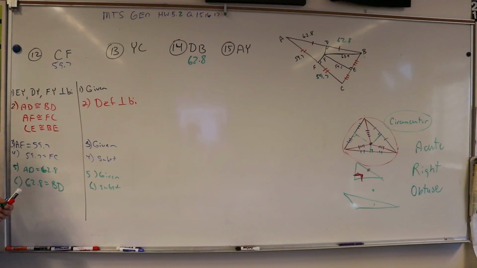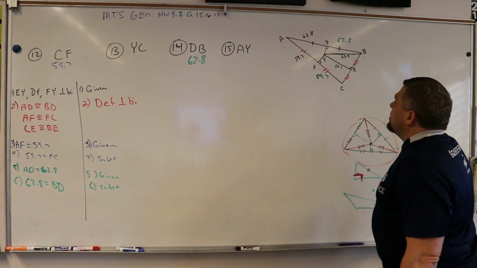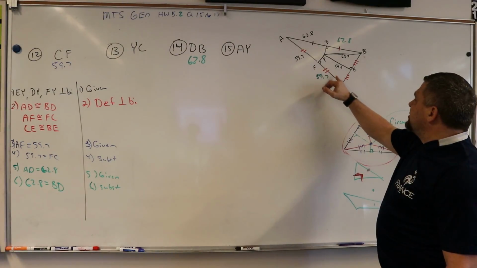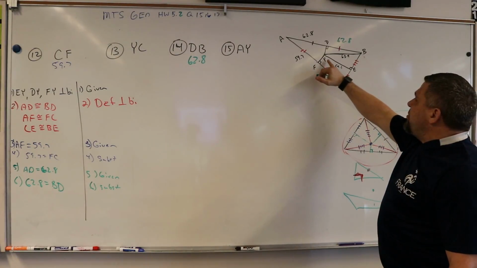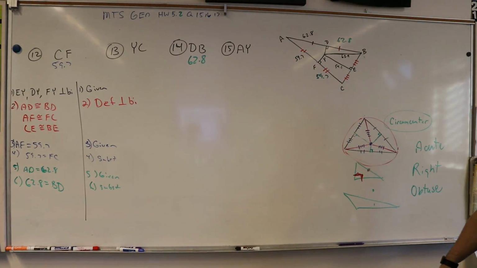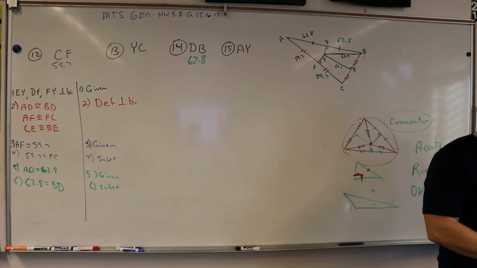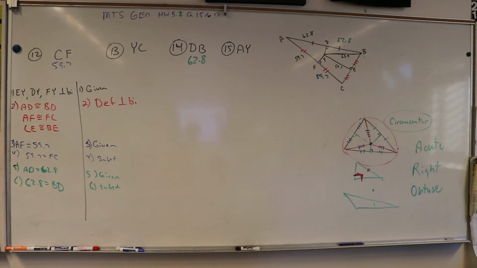Okay? What else do I need? Or what else can I find? So YC and AY, what are those? YC goes from here to here. AY goes from here to here. Well, those are super easy. Super easy. Way too easy.